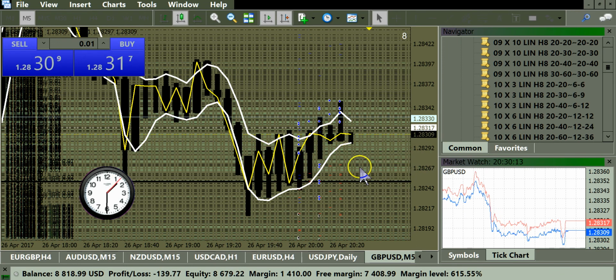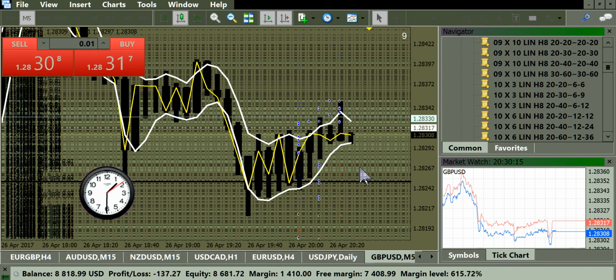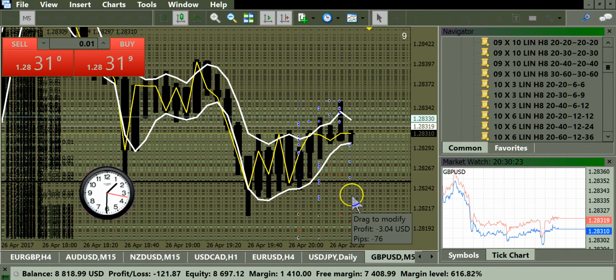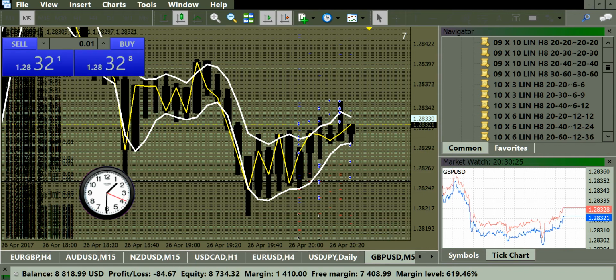Look at this vicious pullback. So I buy, if it comes down in the next 5 minutes, I'd buy some more. Okay.